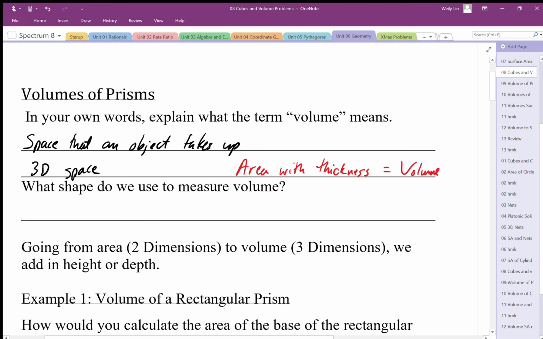And for the shape that we use to measure volume, we use cubes, because cubes are essentially when we take a square area and give that square area some thickness. Because we measure area with squares, we're going to use cubes to measure volume.